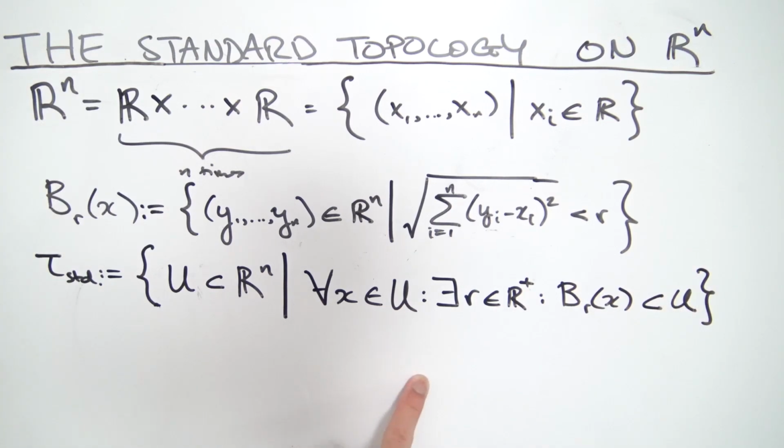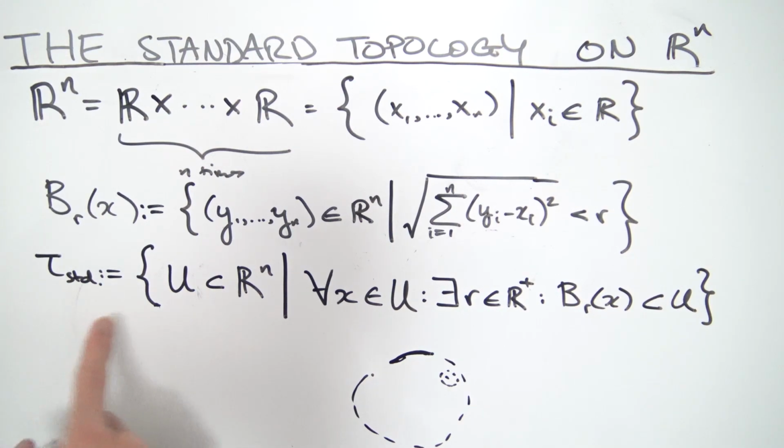So this expression over here simply states that we collect up all the subsets in Rn such that we can find a small little open ball around every single point that still lies in that set. If we had a little boundary over here, then of course this subset wouldn't be included in this standard topology.